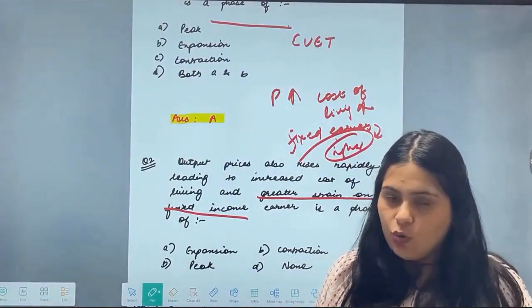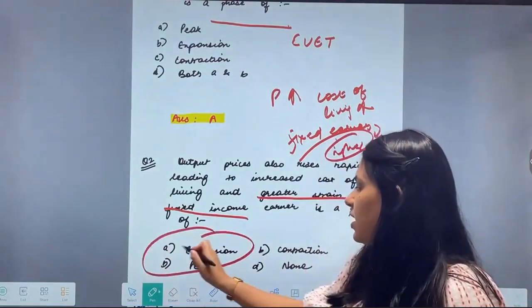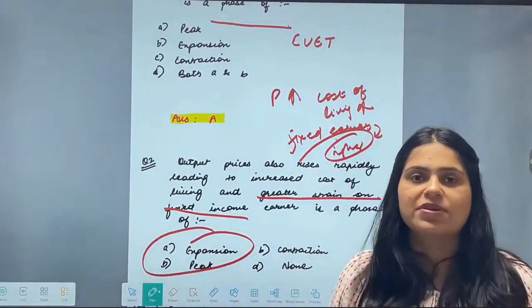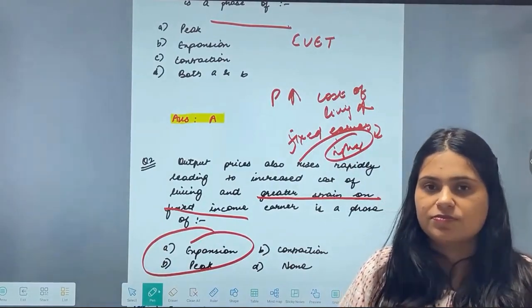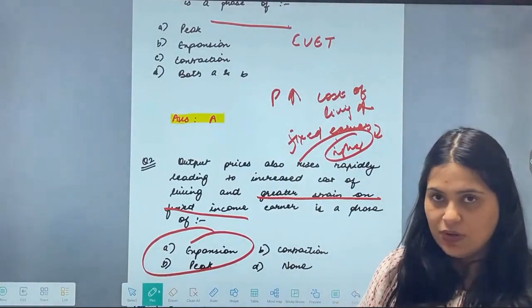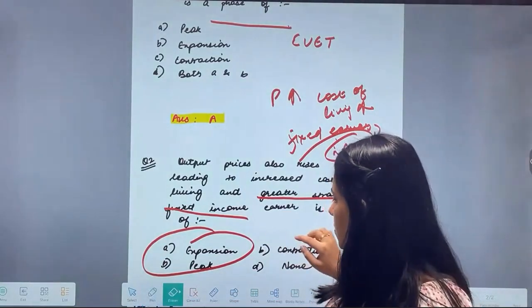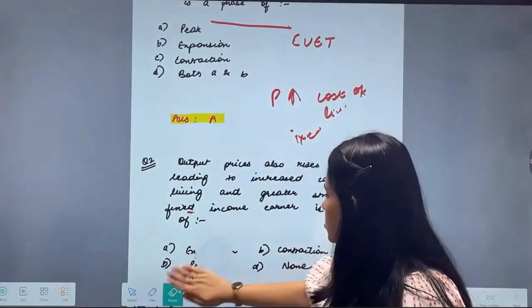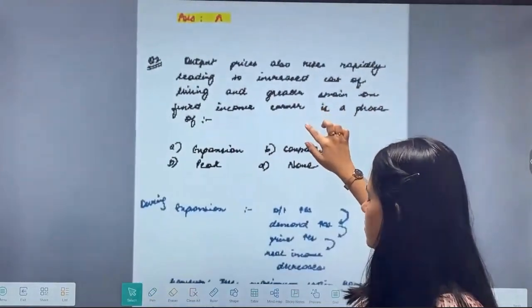I know most of you will again be confused between A and B. Try to think. What should be the answer to this question? Okay, let us look into it. So, just see here.